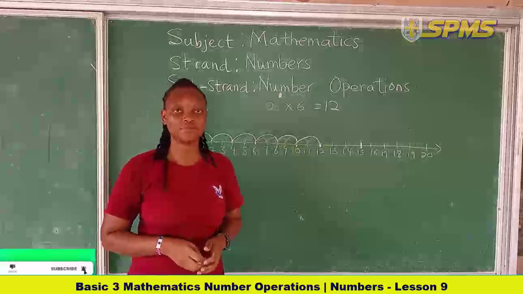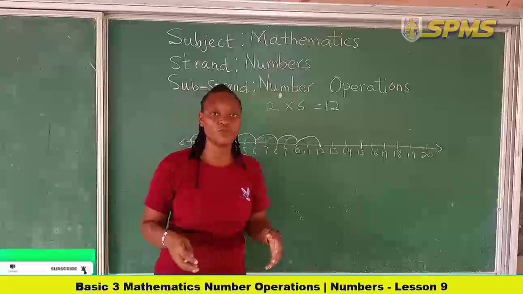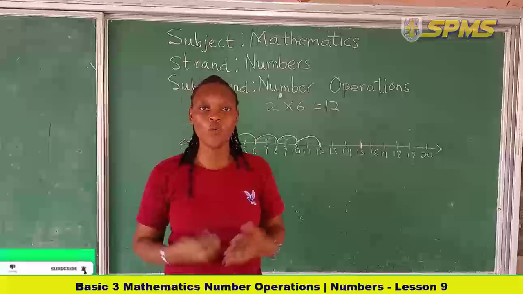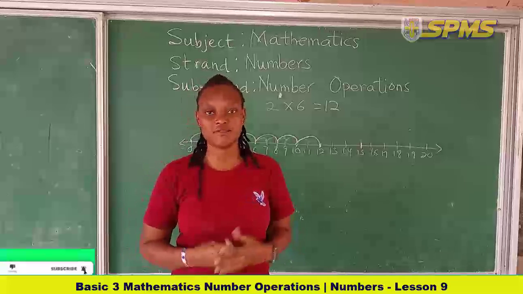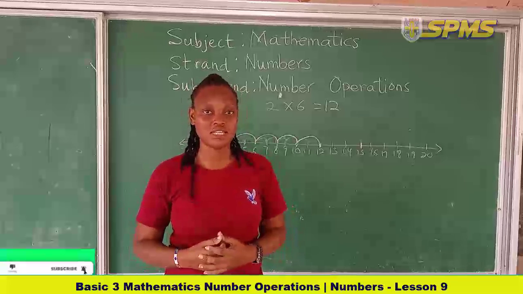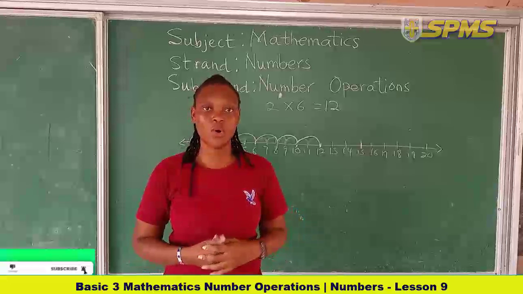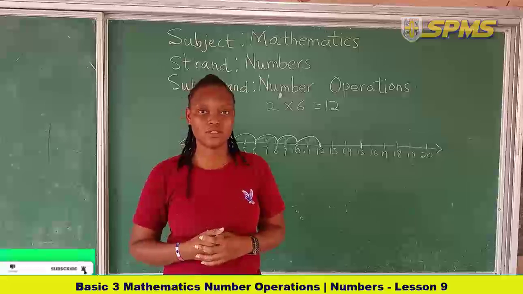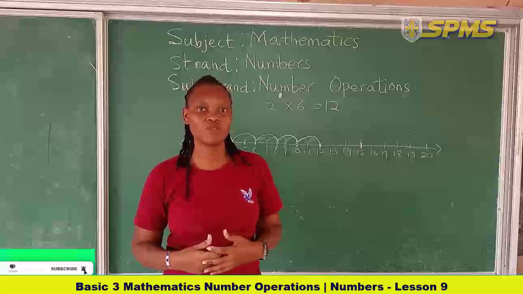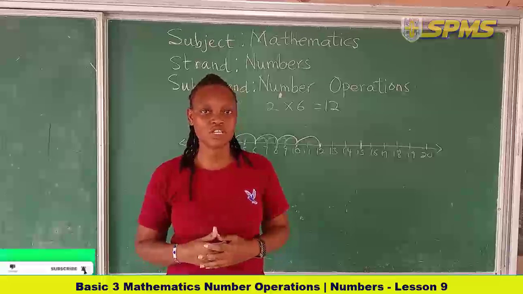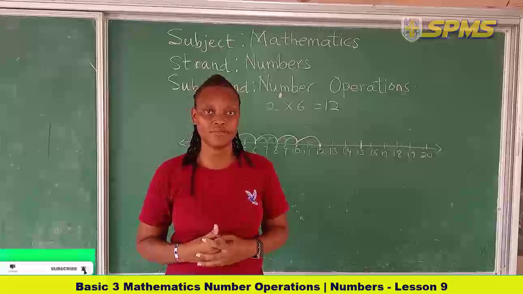Very good. Now we move on to our last strategy or way of finding answers for multiplication sentences, and that is the what? The skip count or the skip counting. So we are going to skip count and then we look at it in a multiplication way.